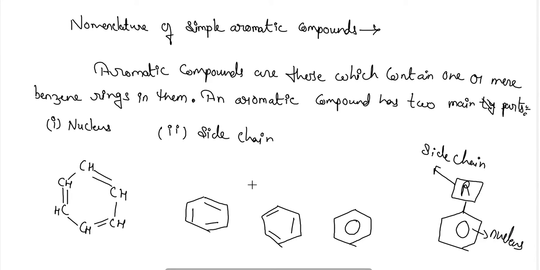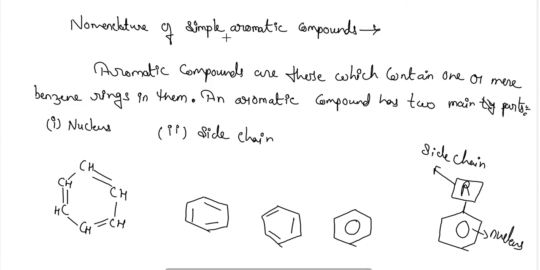When we are naming an aromatic compound, the derivatives of the aromatic compounds are termed as monovalent substituted derivatives. The molecular formula of benzene is C6H6.